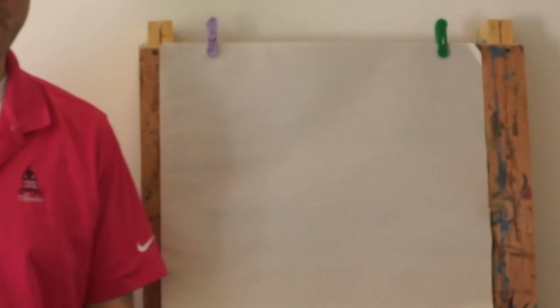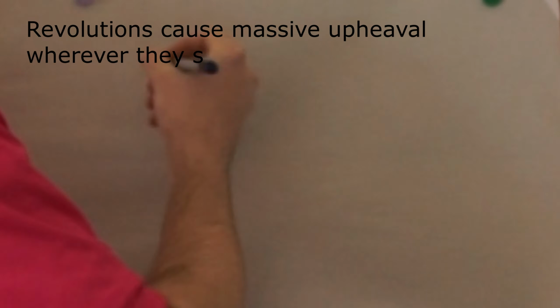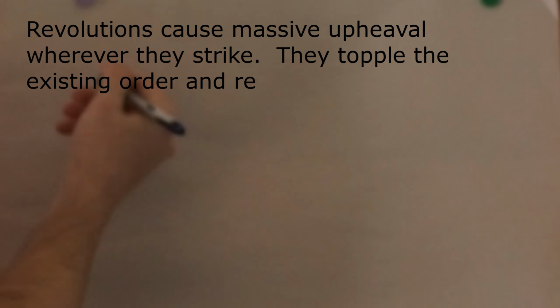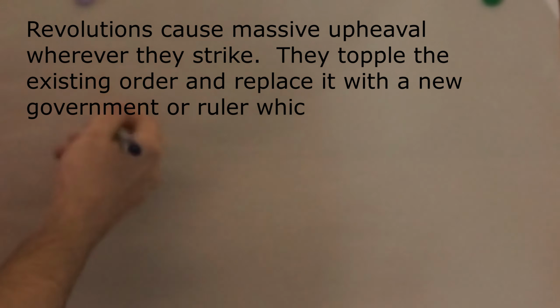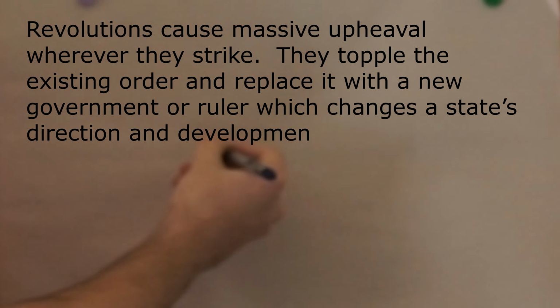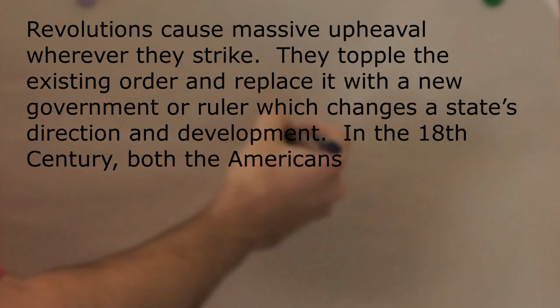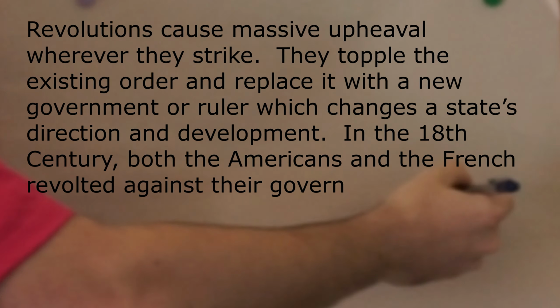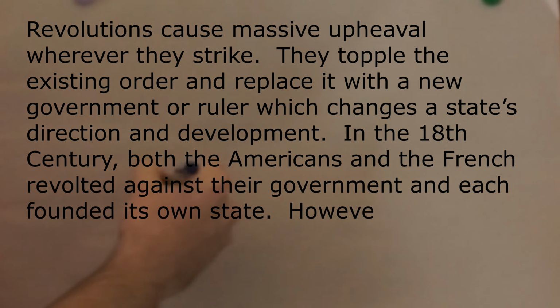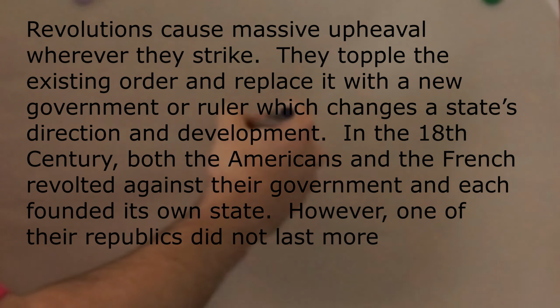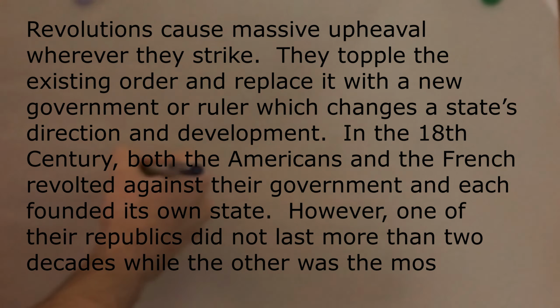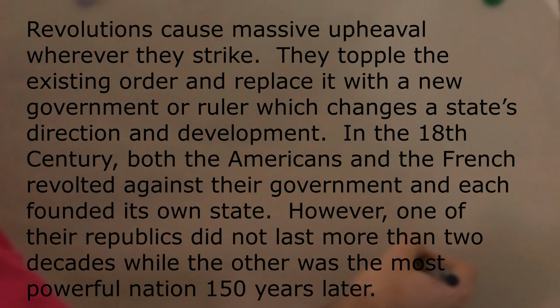So a good context would be, revolutions cause massive upheaval wherever they form. They topple the existing order and replace it with a new government or ruler, which changes a state's direction and development. In the 18th century, both the Americans and French rebelled against their government and each founded its own state.